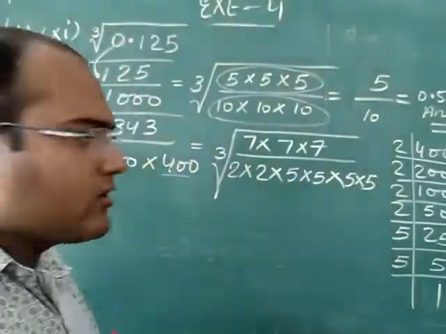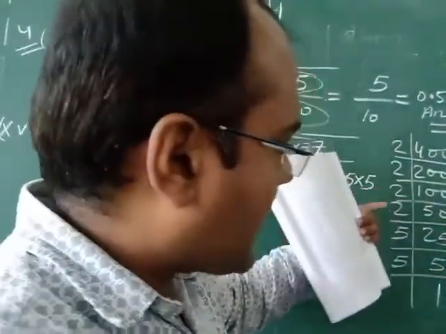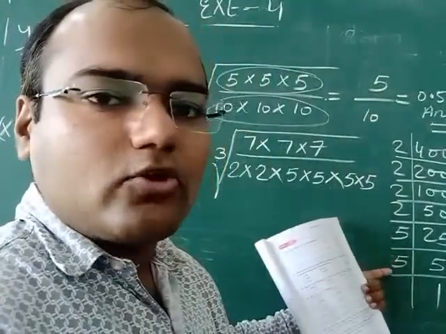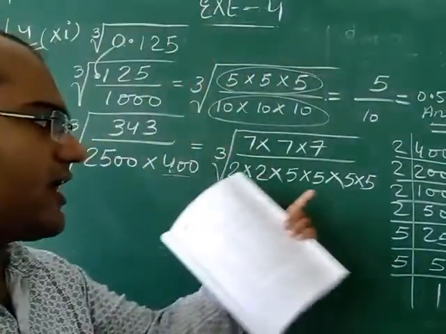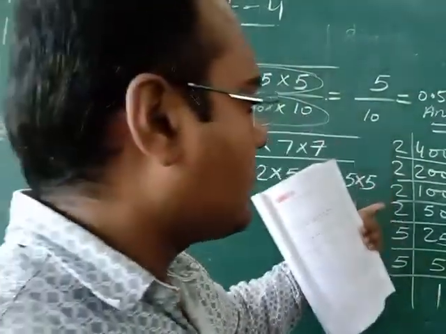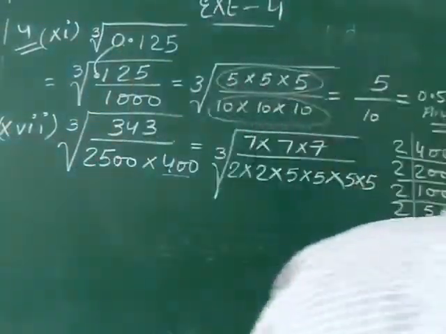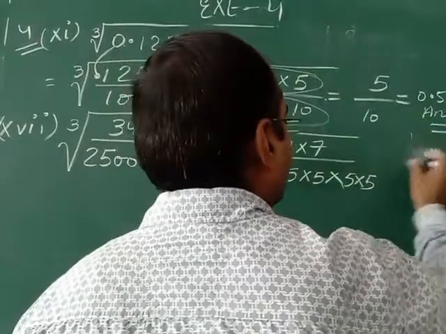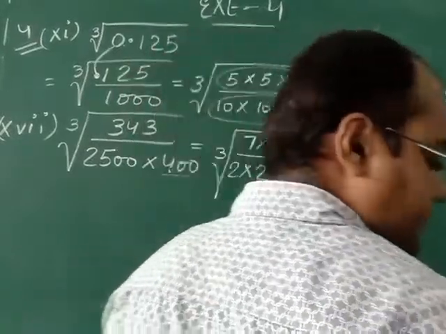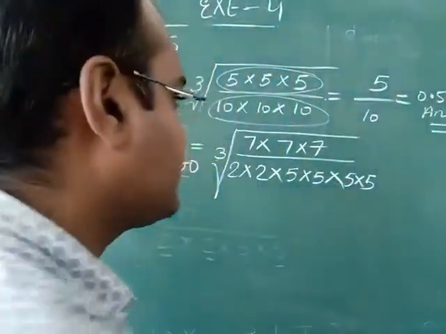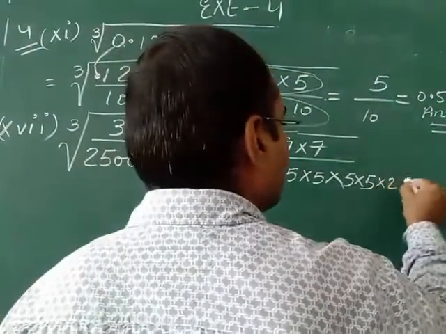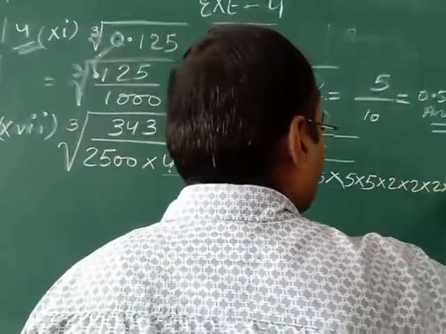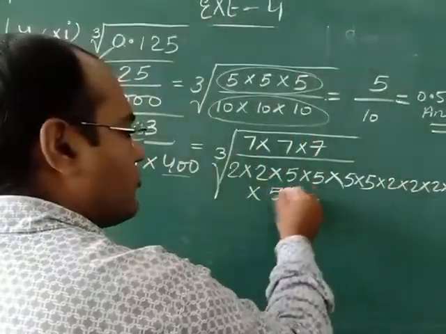Now here 2 is coming 4 times and 5 is coming 2 times. So remove this 400 and here we have to write 2 four times and 5 two times.